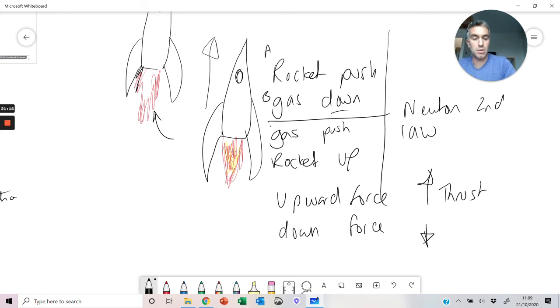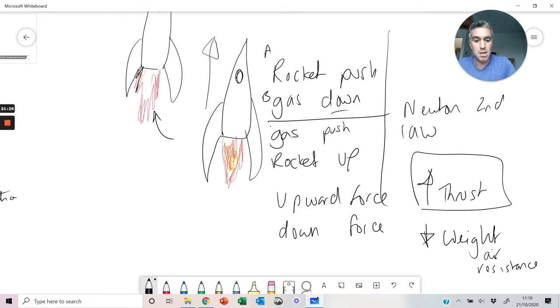Down, what's down? Weight. There'll be a bit of air resistance too, whilst they're still on Earth. But as long as this is bigger than this, Newton's second law applies, and we get F equals ma, we get acceleration, and it starts to move really fast.